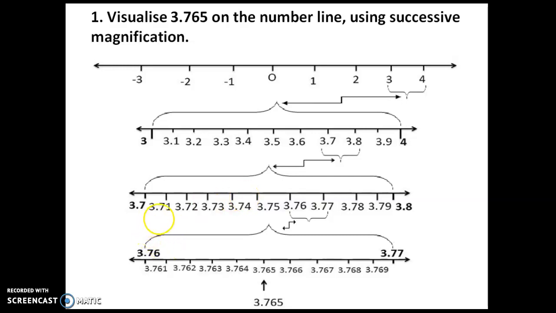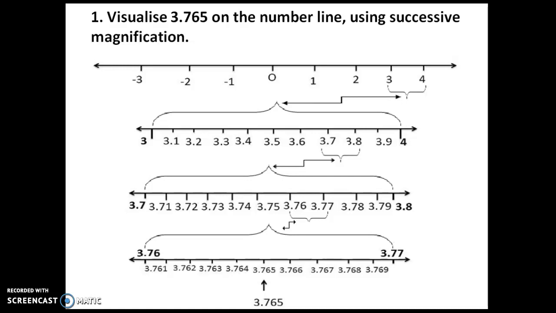The last line is the final magnification, between 3.76 and 3.77, where we are locating 3.765. Did you see in the last line? That arrow shows the required number. This is how we have to magnify and show the real number on the number line.